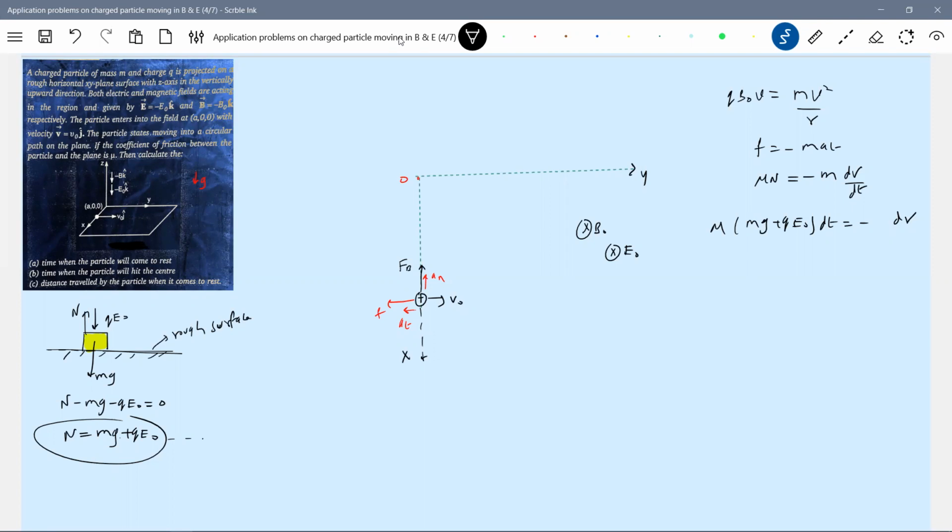If you want this m also, I'll send it here. What has to be done now? Limit. At t equals 0, what was the projection? It was projected with a speed v0, and finally it has come to rest.